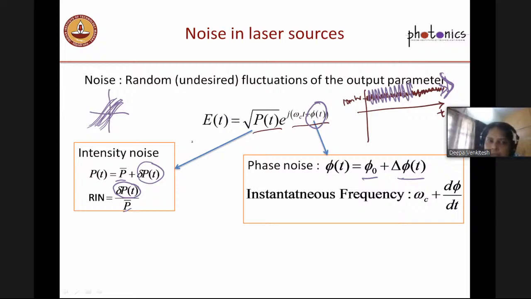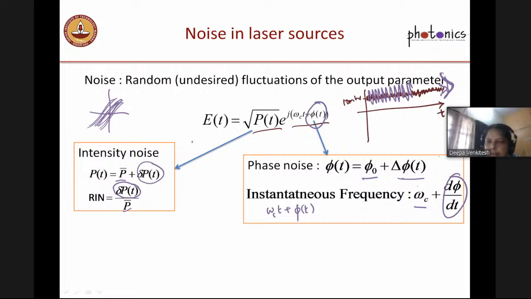So it means that if I calculate the instantaneous frequency, which is the first derivative of this, so you have omega_c t plus phi of t as your instantaneous phase. So the frequency is the first derivative, which is omega_c plus d phi by dt, right?